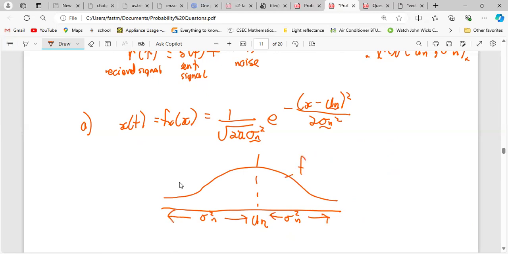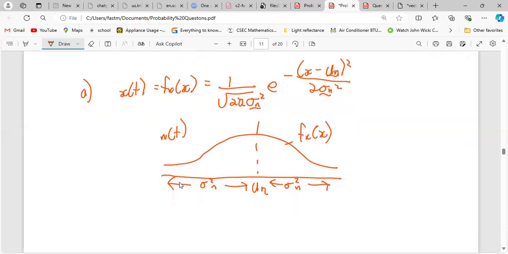Then you just label it F of X of X, and this is just N of T. That's all that part is. Nothing more, nothing less.